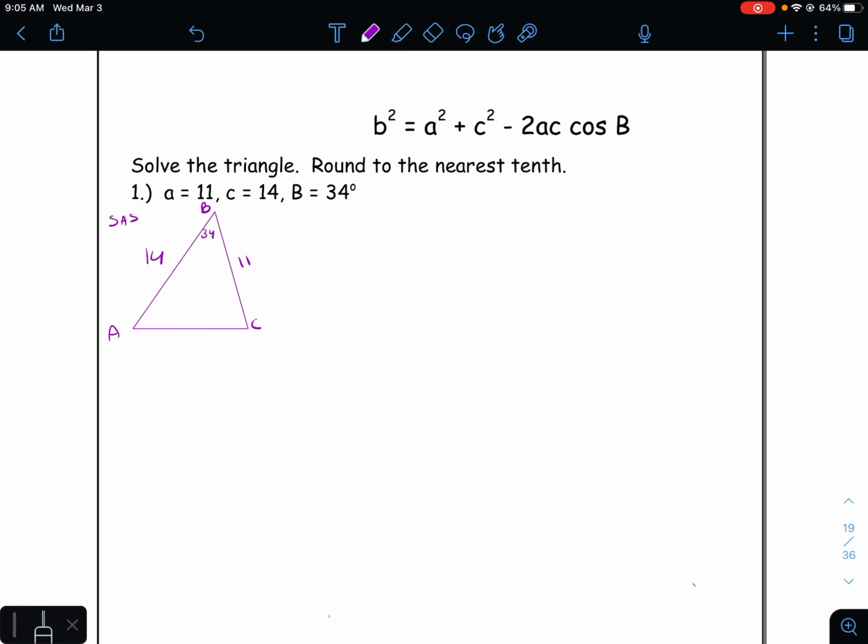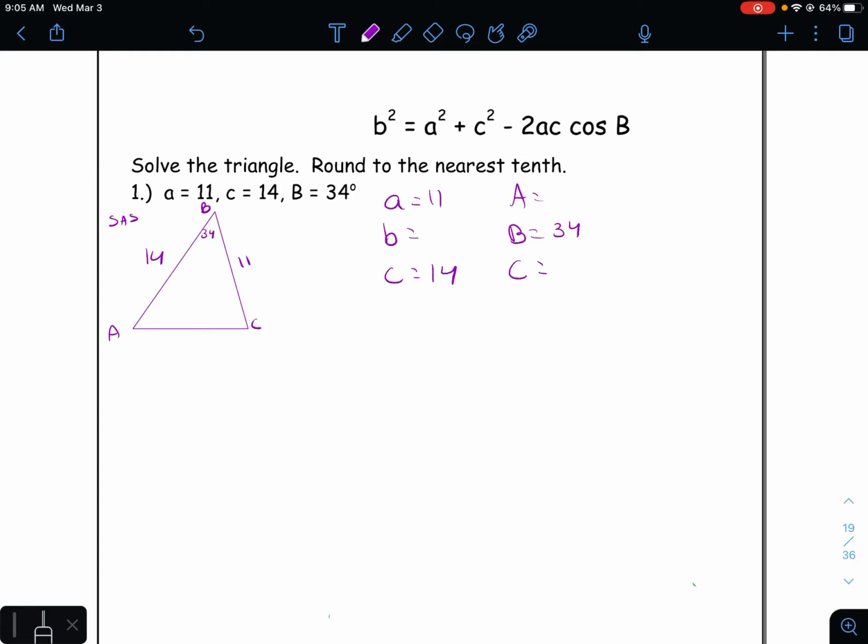One thing I would recommend is always labeling: side a, side b, and side c, and then angle A, angle B, and angle C. Now we know angle B is 34, side a is 11, and side c is 14.